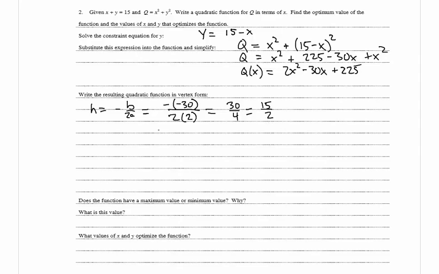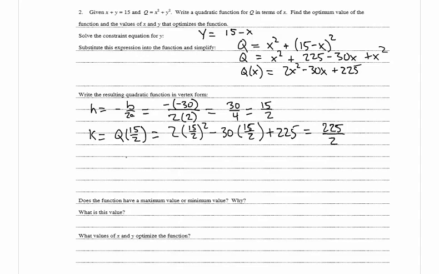And now to find our k value, we're going to say k is equal to q of 15 over 2, which is equal to 2 times 15 halves squared minus 30 times 15 halves plus 225, and this is equal to 225 over 2.